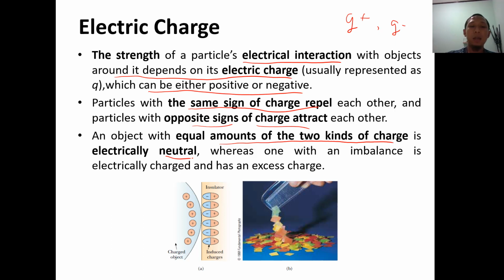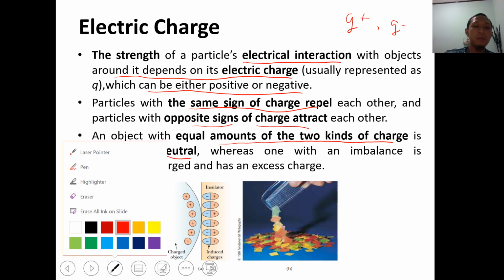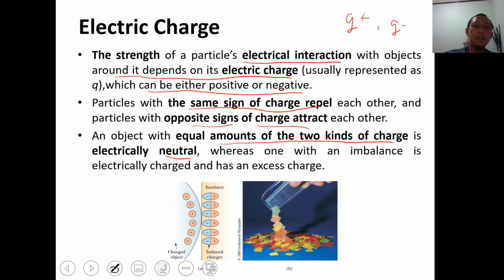So it's like this one. We have the charged object, this is the positive, and then we have the insulator. The insulator is a neutral material. If we put the charged object close to the insulator, the negative charge of the insulator will be attracted to the charged object, the positive one like this.